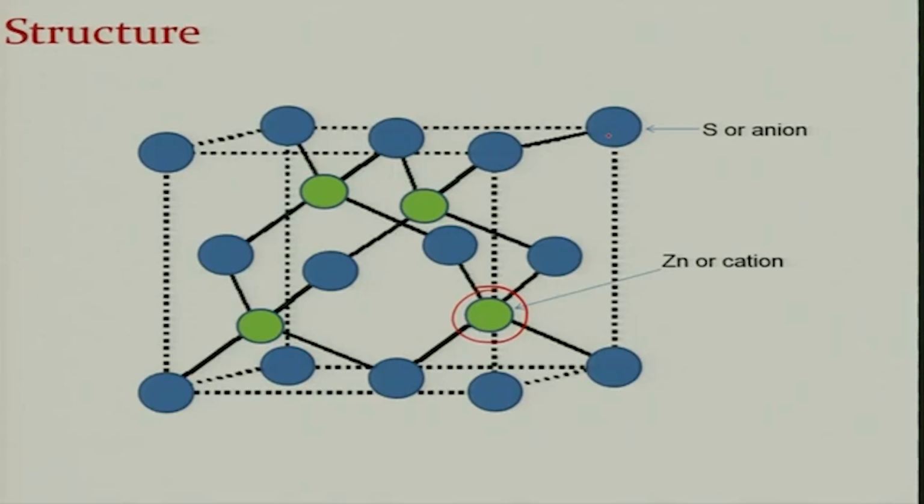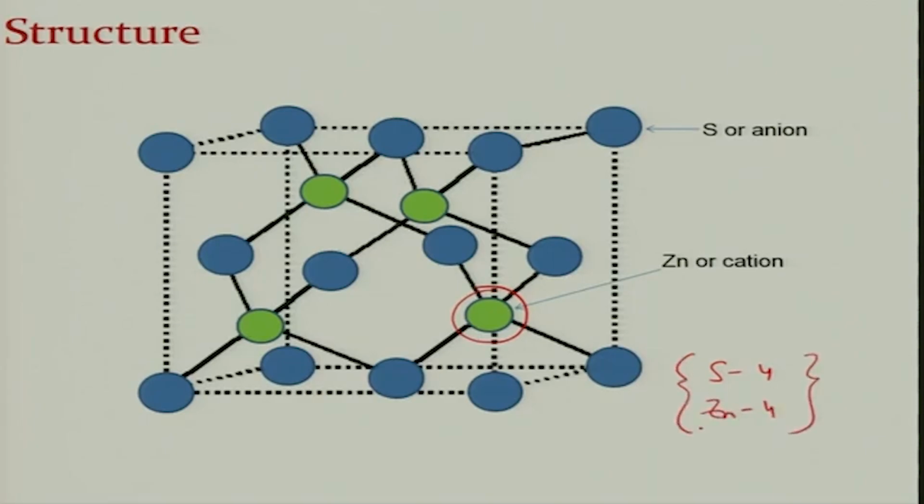So both of them have tetrahedral coordination. This is called sphalerite or zinc sulfide structure. This is a very simple structure. There is nothing very complicated about it. Sulfur also has 4-fold coordination, and zinc also has 4-fold coordination.